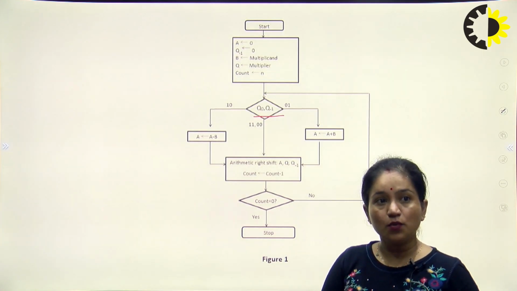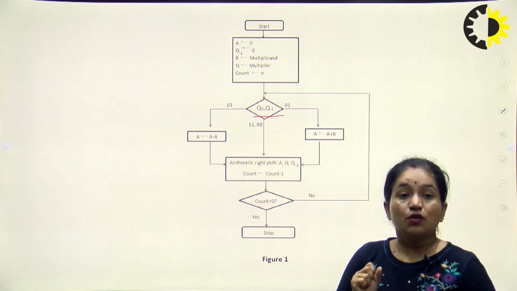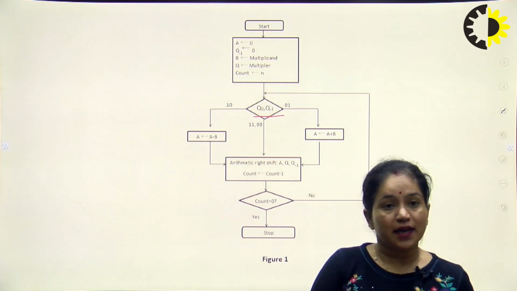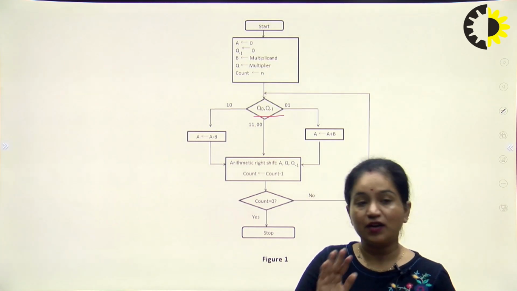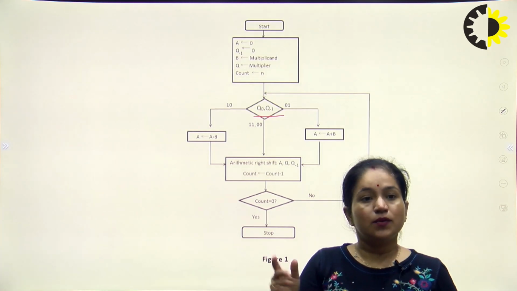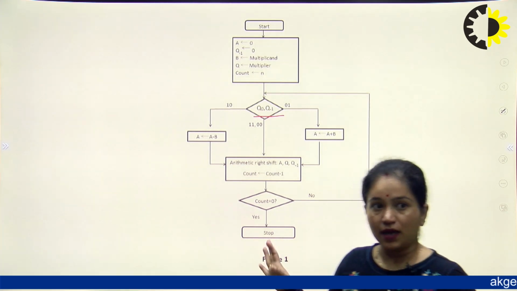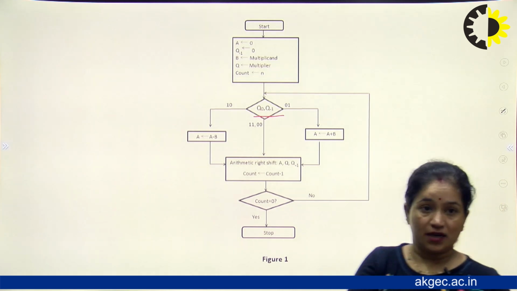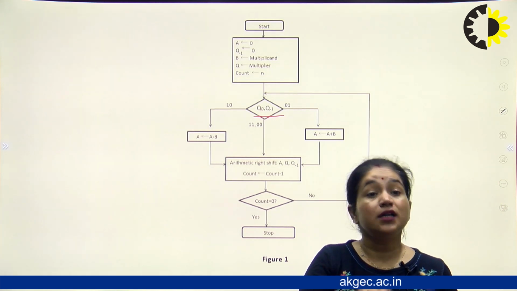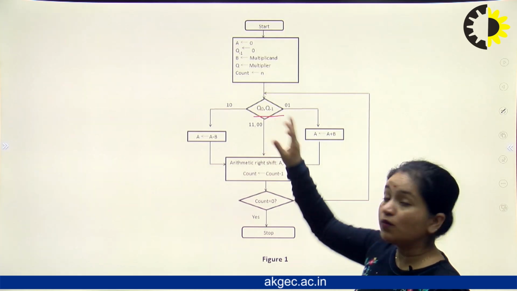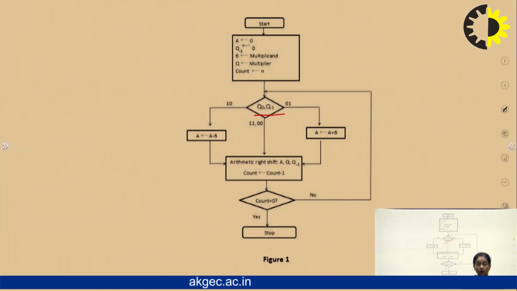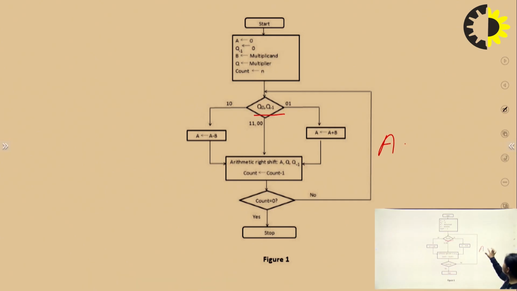If the value is 0, 1, we will add the value of the multiplicand to the accumulator. Simple, we do the addition. But if it is 1, 0, meaning q naught is 1 and q minus 1 is 0, then in the accumulator we do A minus B, we subtract the multiplicand.